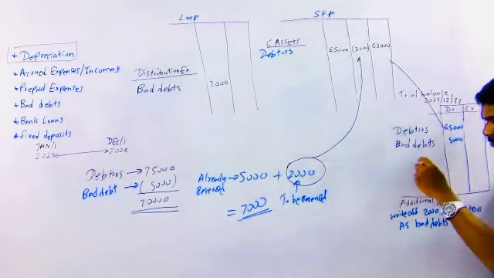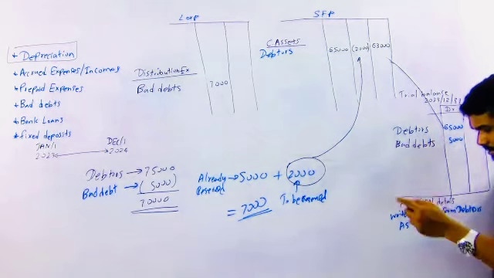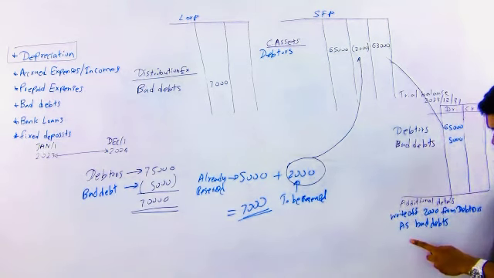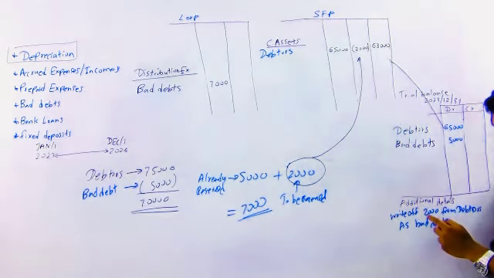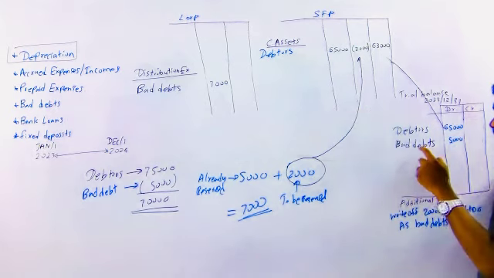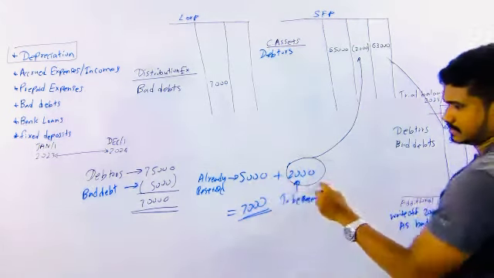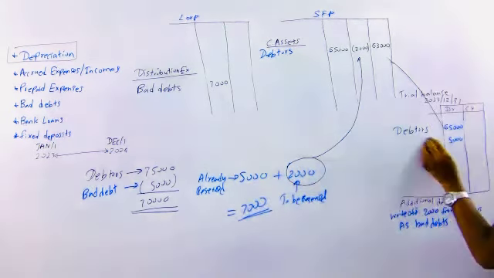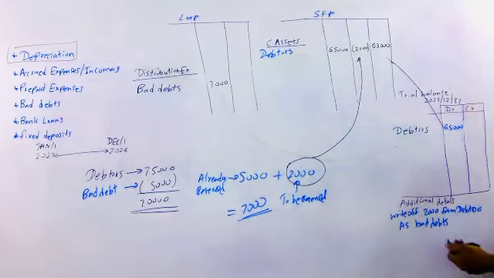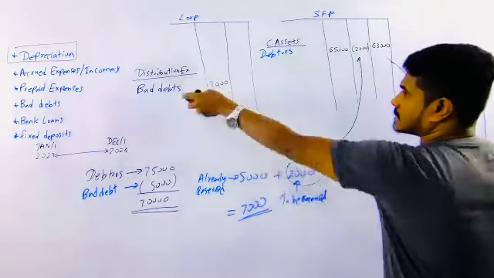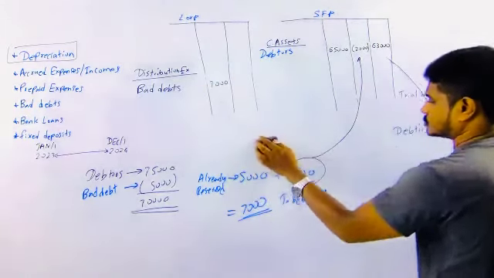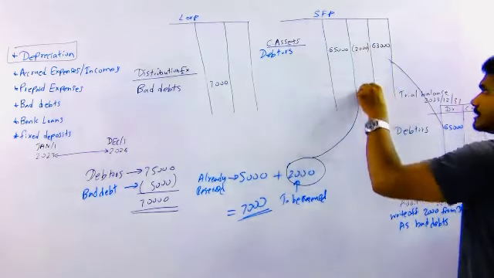If they have mentioned bad debts after the trial balance, then we have to deduct this 2,000 from the debtors, and we have to add this to the current bad debts, right? If this one is not here, then we just have to deduct from debtors and take this amount as distribution expenses. Understood?